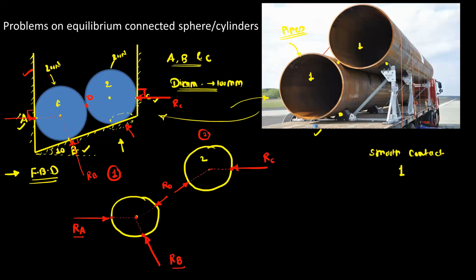Okay, and that force is nothing but the weight of that cylinder. Okay, so this weight, it will act exactly from the center of gravity, that is the center point. So this is equal to 200 Newton, and again for cylinder 2, this is 200 Newton. Okay, so this is the complete free body diagram for the given system by isolating cylinder 1 and cylinder 2.